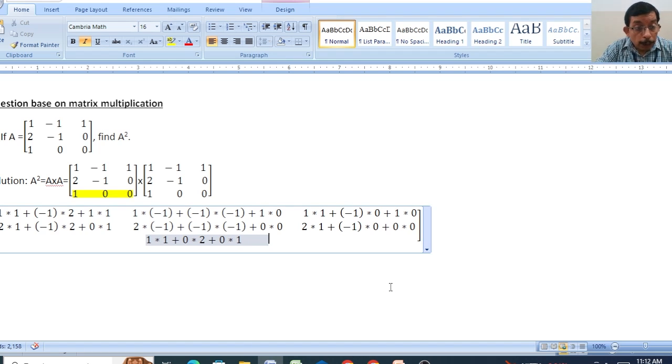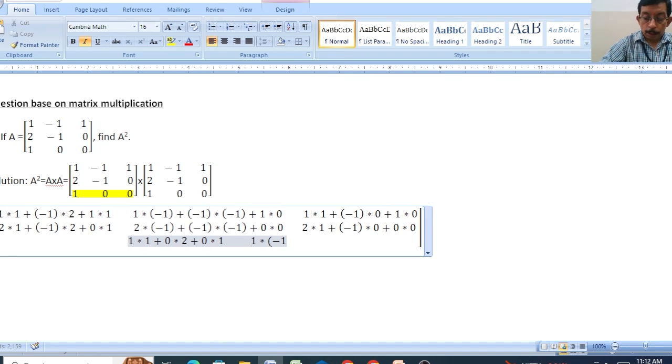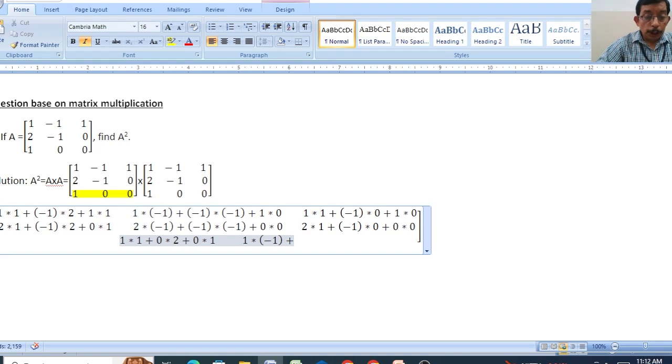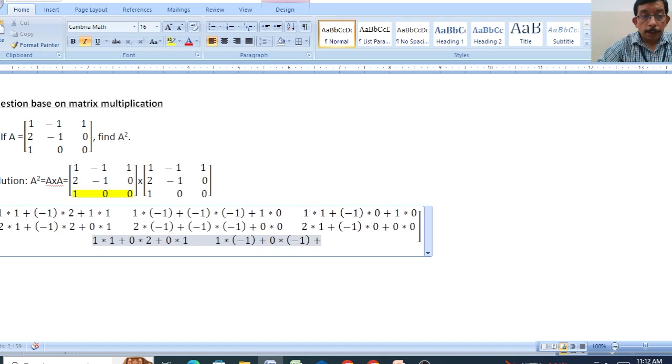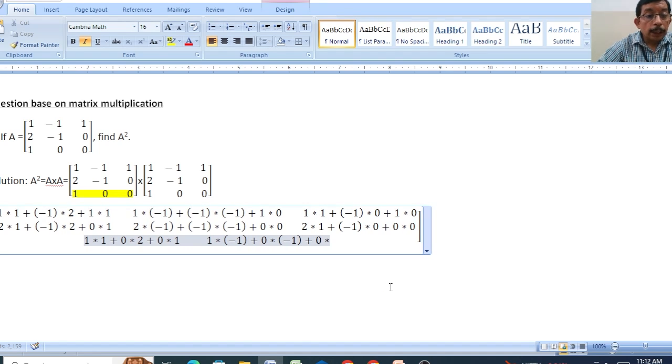Now the last row, the third row, is multiplied by the second column elements, and we get the second element of the last row. 1 multiplied by minus 1, plus 0 multiplied by minus 1, plus 0 multiplied by 0.